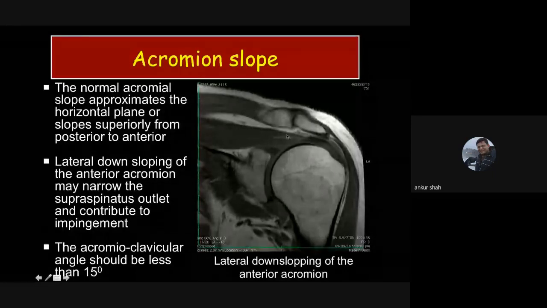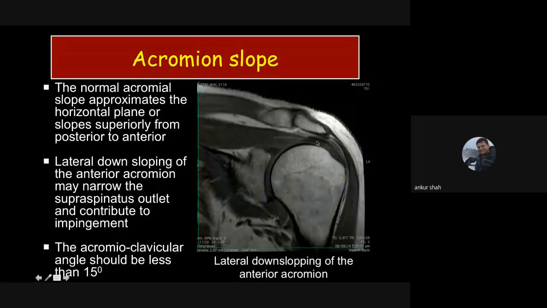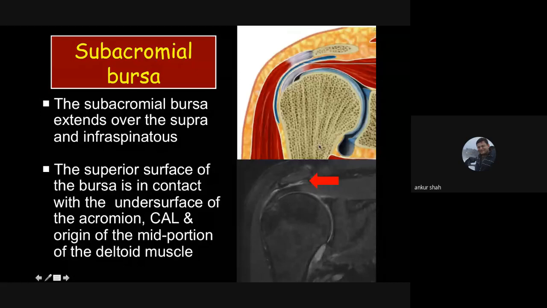We don't want that. So if the acromion is too thin, we have to mention that. And this angle should be less than 15 degrees. If it is more than 15 degrees, then it suggests there is lateral downsloping of the acromion, which can cause impingement.